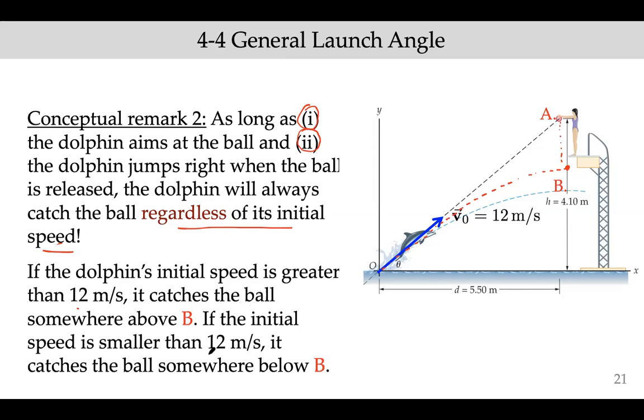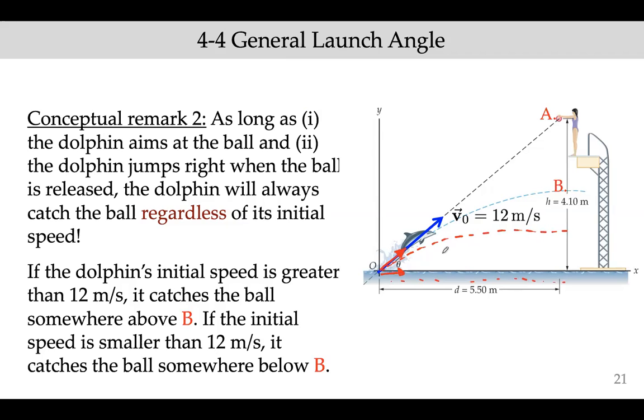If the initial speed is smaller than 12, then it still catches the ball, and it will catch the ball somewhere below B. So let's say the speed is maybe this much. In this case, you can see that the x component is smaller than the x component of the original velocity. If you have a smaller x component, it means it will take more time for the dolphin to reach this line. So it will follow a path like this.